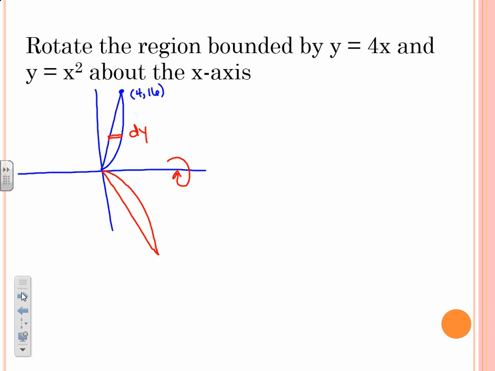The beauty of math is sometimes we have more than one way to do something. So our volume is 2 pi times radius times height times thickness.